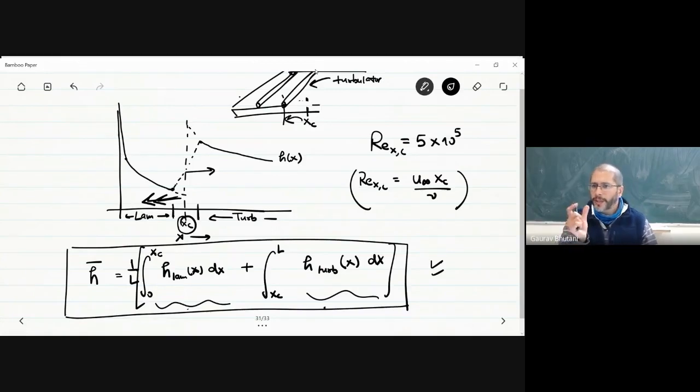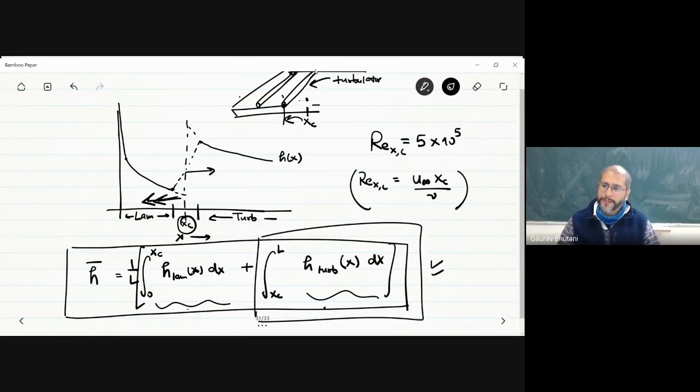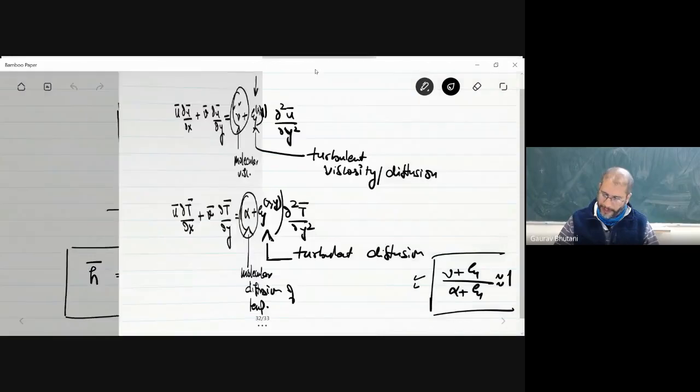Of course, very close to the beginning of the plate, things may be different, but in most of the region on the plate, you will have turbulent convection happening, or the turbulent boundary layer existing. So the H bar will mostly have contribution from this turbulent region. Okay, so this is an idea of a turbulator that is commonly used. So I thought of mentioning that.